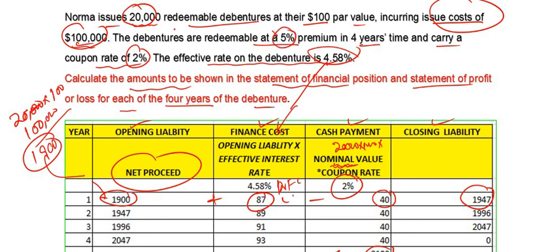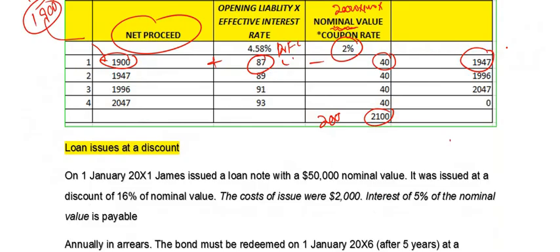If you take 5% of this, that will become 100, and 2000 plus this will become 2100. So at the end you have to pay the whole amount, and you will have zero liability.